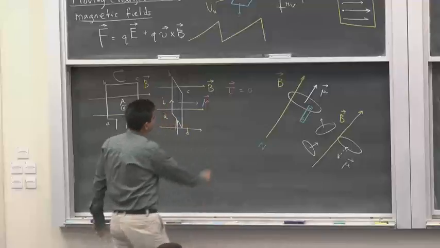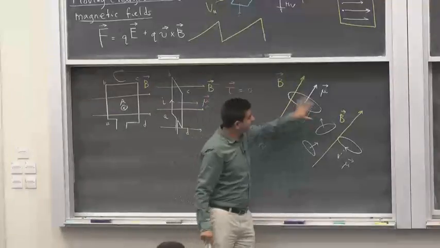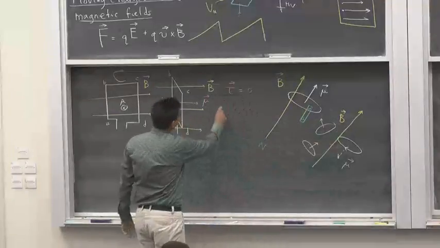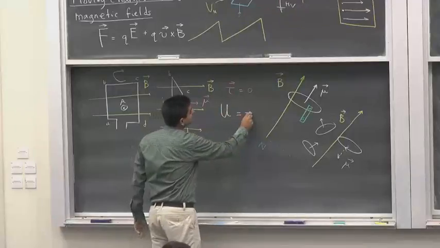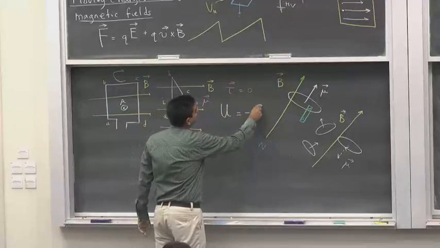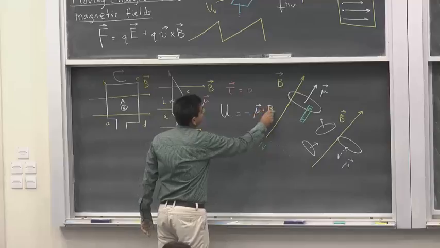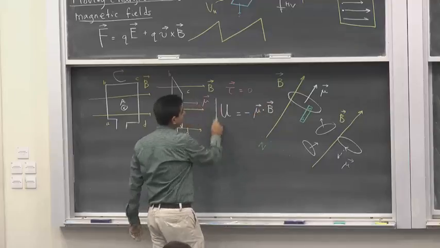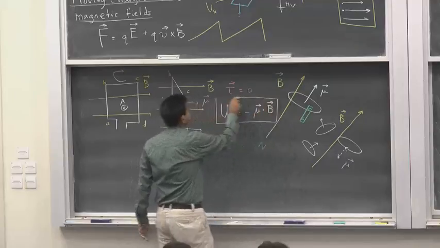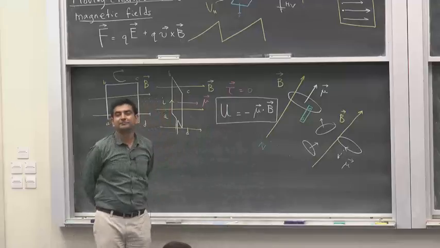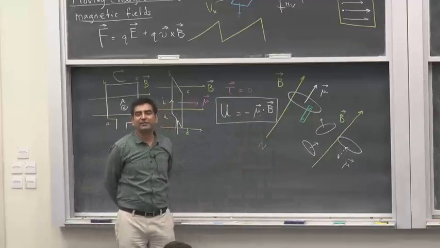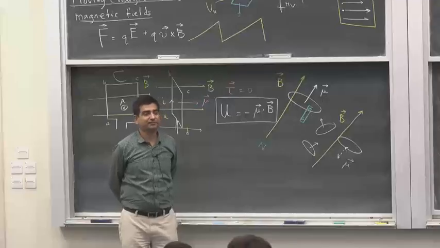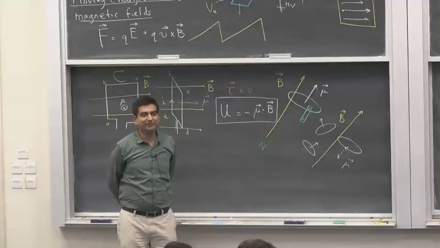That magnetic potential energy, if you look at these extreme cases, turns out to be equal to U equals minus mu dotted with B, the magnetic moment's dot product with the magnetic field. Okay?